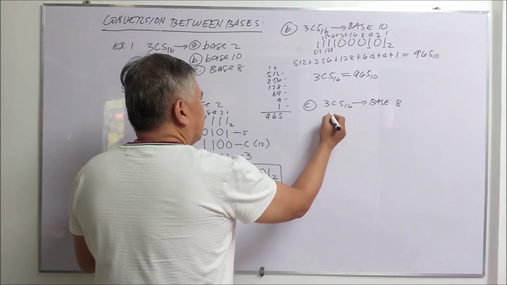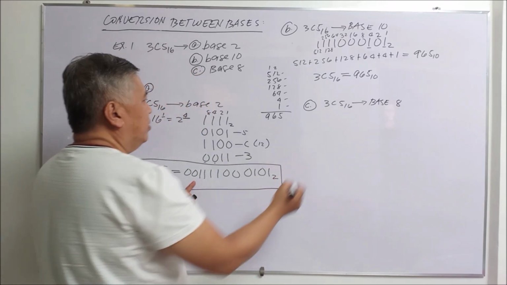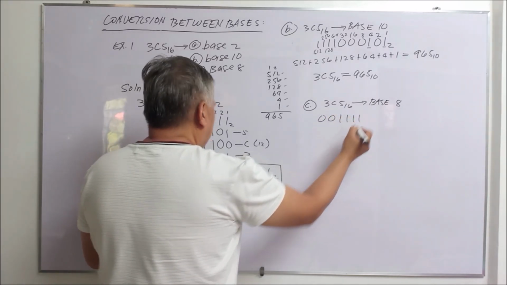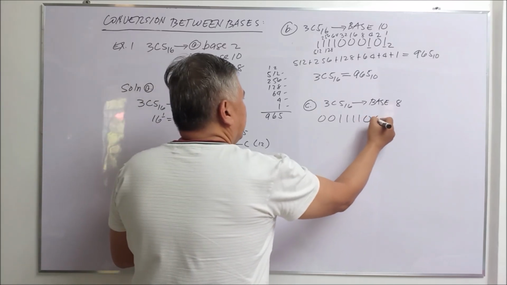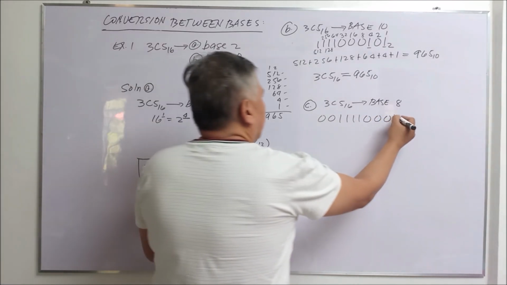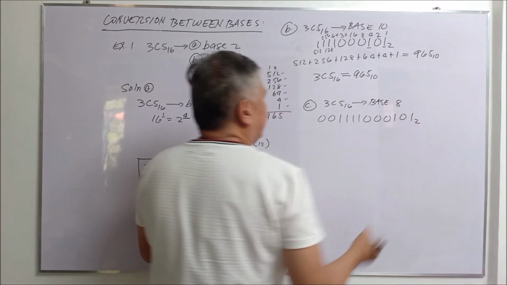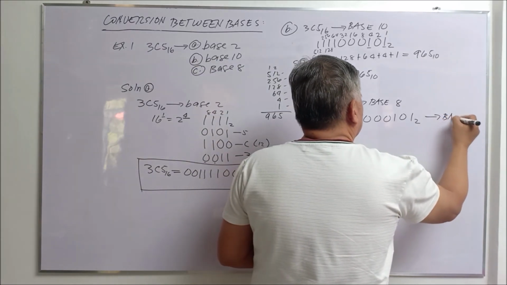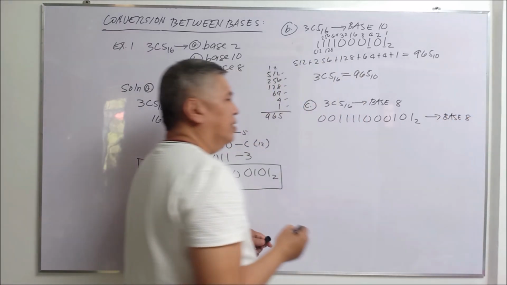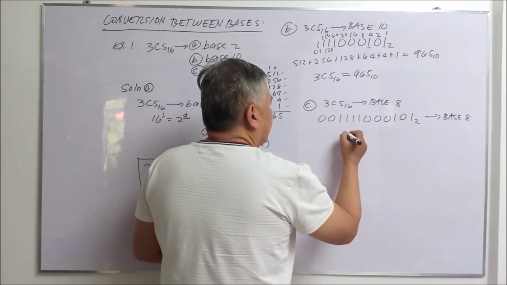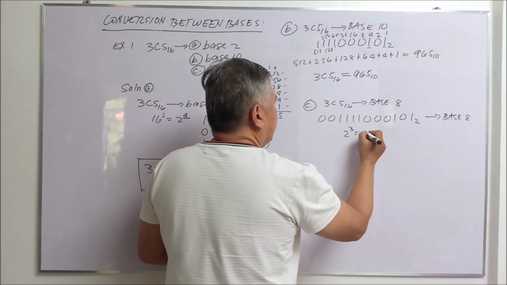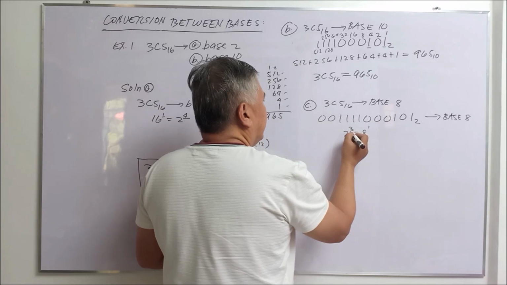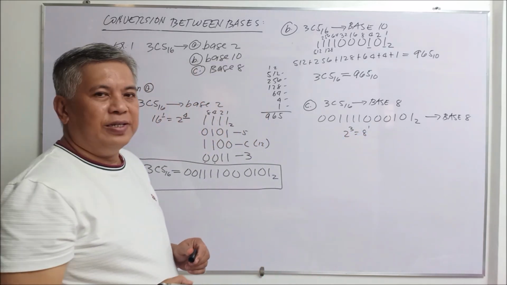Since 3C5 of base 16 is equivalent to 0, 0, 1, 1, 1, 1, 0, 0, 0, 1, 0, 1 of base 2, we want this converted to base 8. So again, you have 2 to the 3 is equivalent to 8 to the 1. 1 octal digit is equivalent to 3 bits in binary.